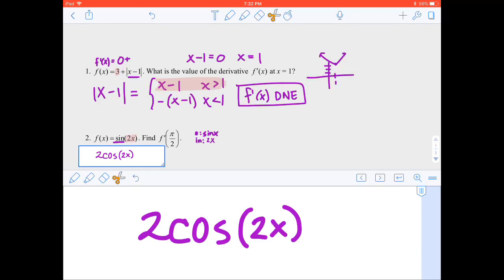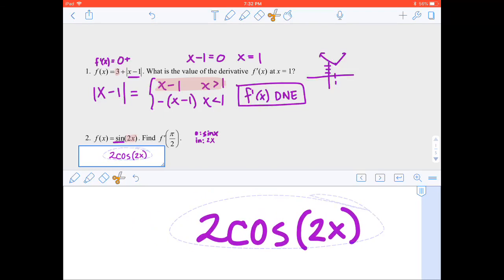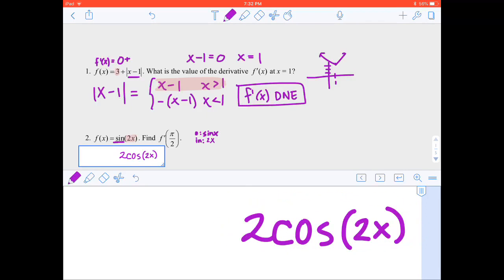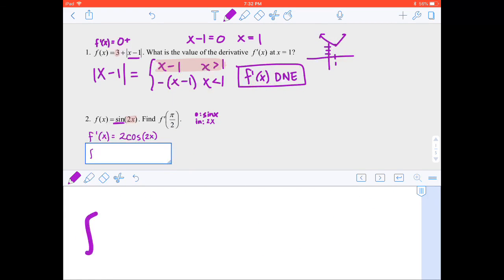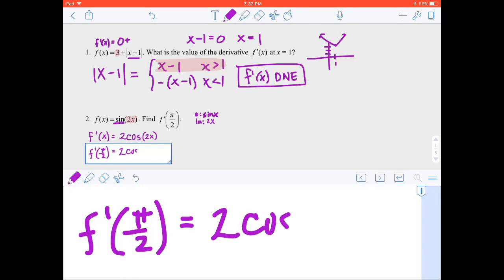So let's label our functions here, so that way we don't get all confused. This is equal to f prime of x. So that's our derivative right there. F prime of pi over 2 means we're going to plug in pi over 2.